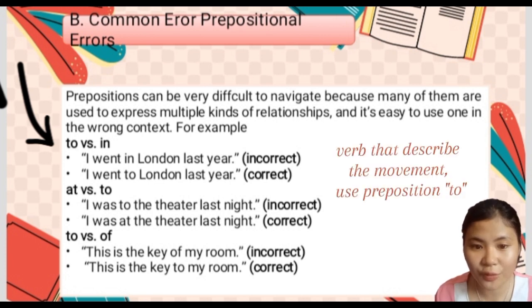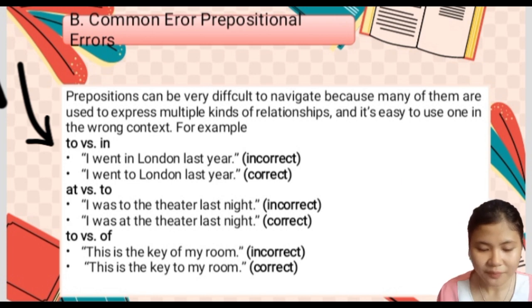So we use to when the verb describes movement from one place to another place. So the correct one in this example is sentence number 2. I went to London last year.